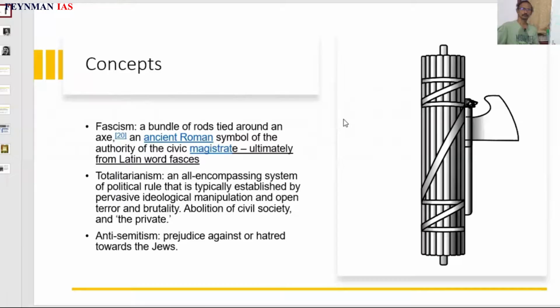Fascism refers to a bundle of rods tied around an axe, an ancient Roman symbol of the authority of the civic magistrate. Ultimately, the word fasces comes from Latin.